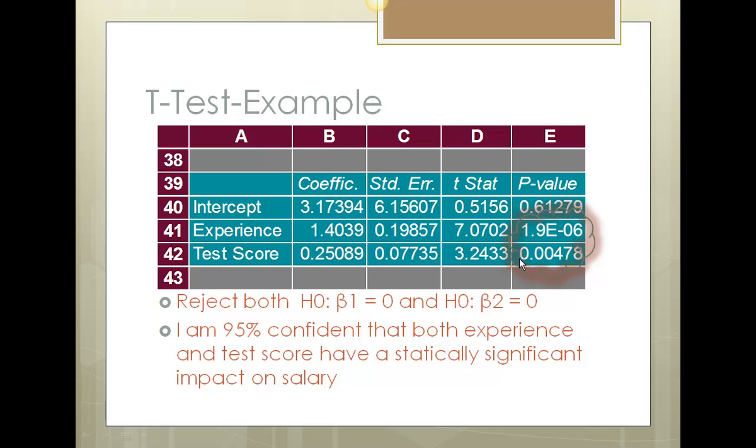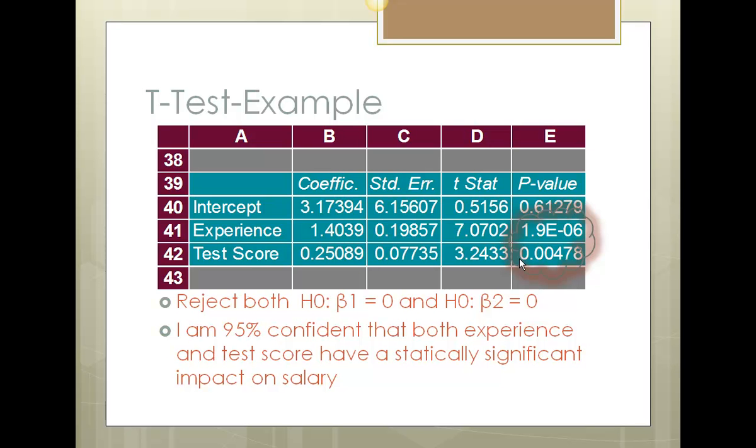So I can conduct 2 hypothesis tests just by looking at the p-values. My first hypothesis is beta experience equals 0. I look at that p-value, it's less than 0.05, so I reject H0. I am 95% confident that experience has a statistically significant impact on salary.